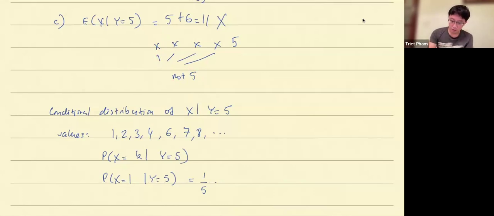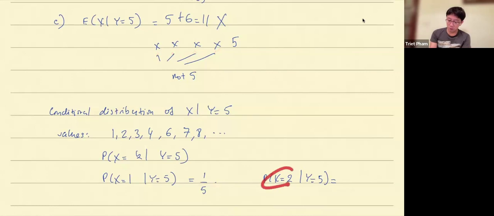Similarly, for example, probability x equals 2, conditioned on y equals 5, equals what? Well, you know the first 4 tosses cannot be a 5.